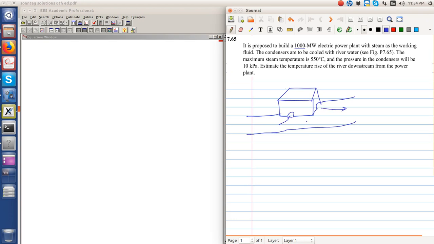So the mean velocity is equal to 10 meter per minute, and the cross section area of the river is equal to 60 by 8 meters.